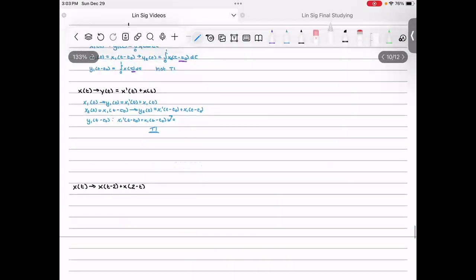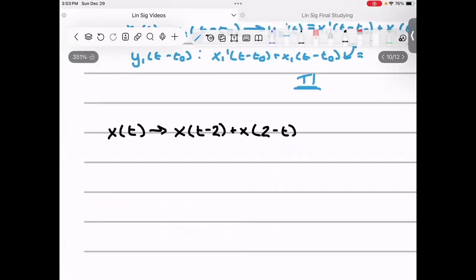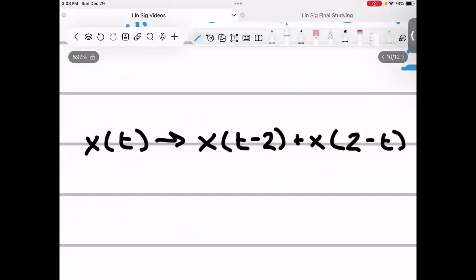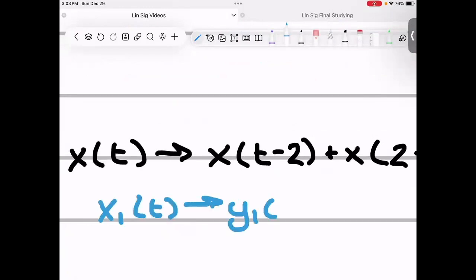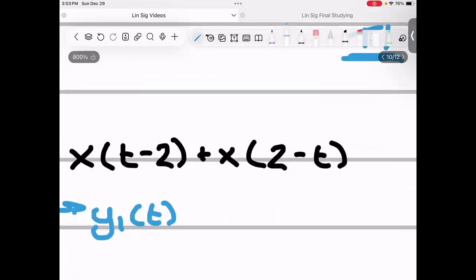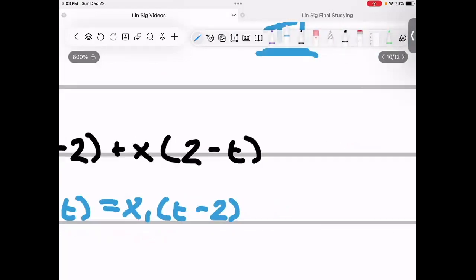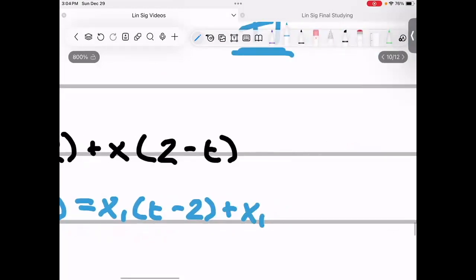Okay, one more example. This one just illustrates the importance of knowing when to lop on and when to plug in. So we're going to get our x1 of t first. That's going to give us y1 of t, which equals x1 of t minus 2 plus x1 of 2 minus t.